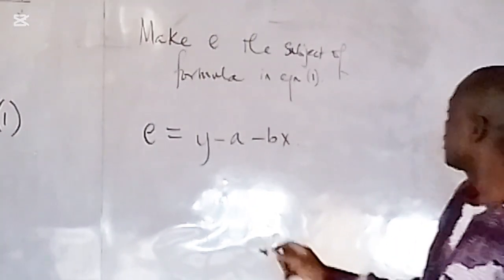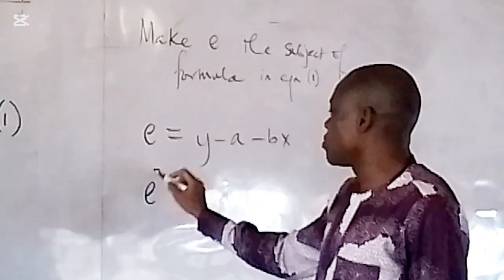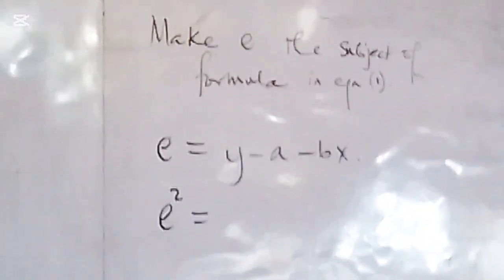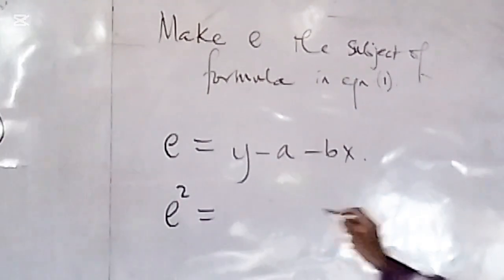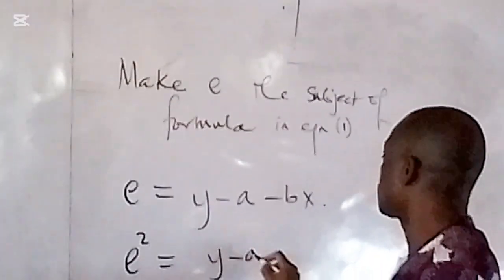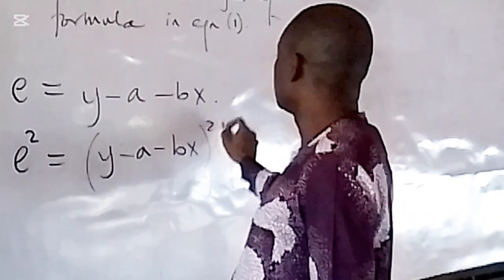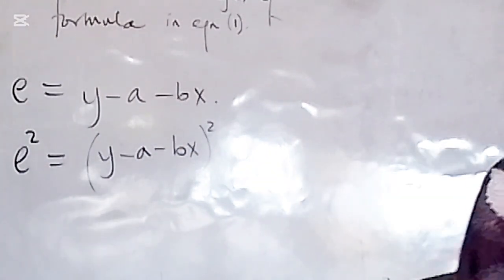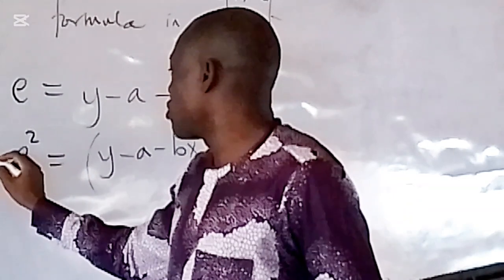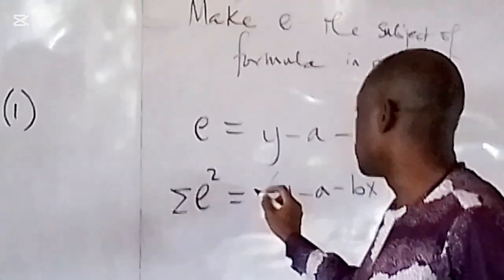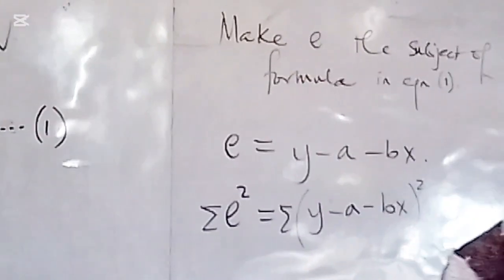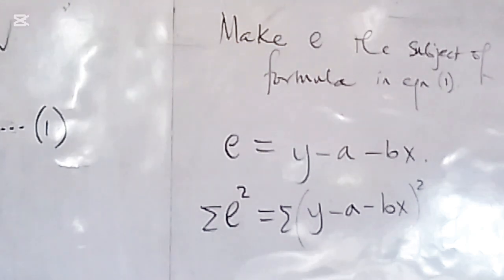If we square the right hand side, we also square the left hand side. But if we say we need to form the sum of squares, it means we sum this, we also sum this. So what we have on the board is called the sum of squares for the error.